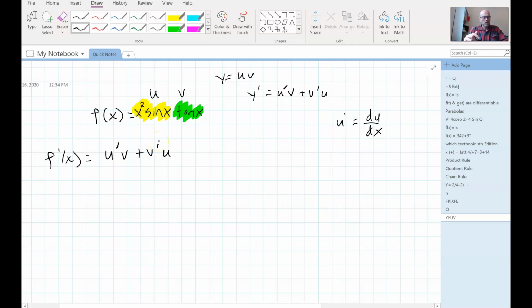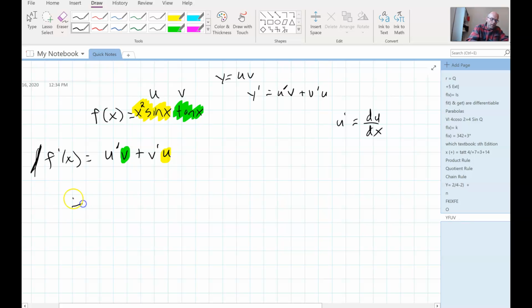So this right here is kind of my guiding light. It tells me I need to know the derivative of u, and I need to know what v is, which I know, that's green, so I can take care of that right now. We know that that's u, and this is v.